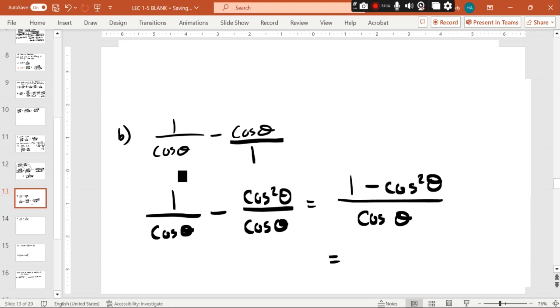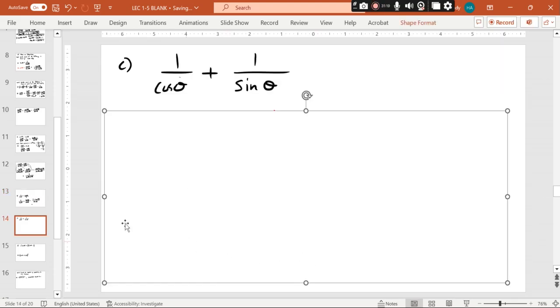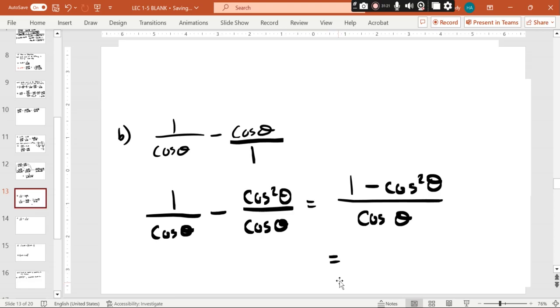If you want to simplify it, instead of my equal sign over here, I'm going to put an or statement right here. So that would be correct, and this would be correct, because 1 minus cosine squared theta is equal to sine squared theta, and those two are equally correct.